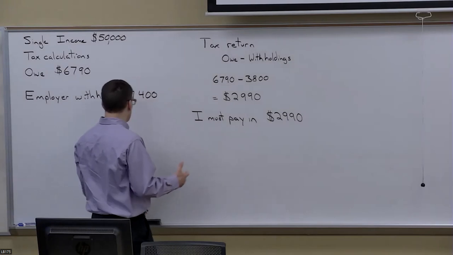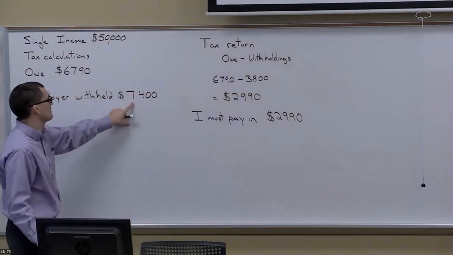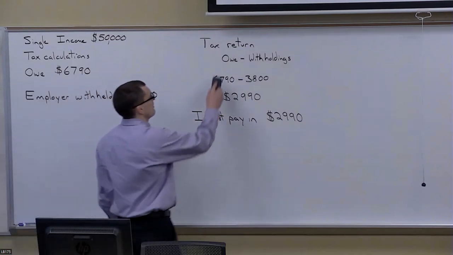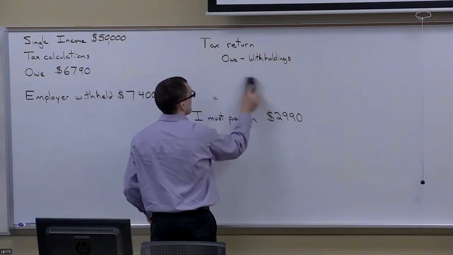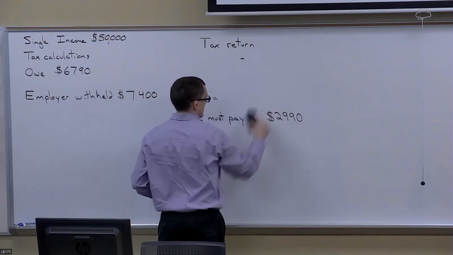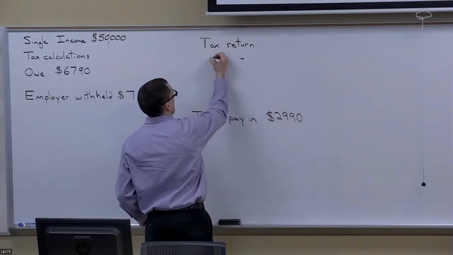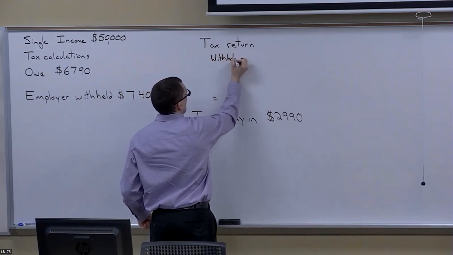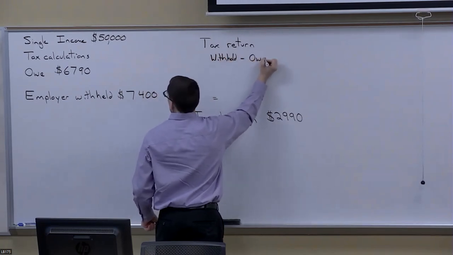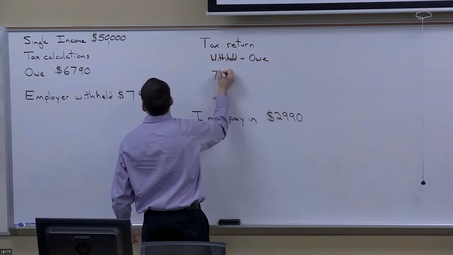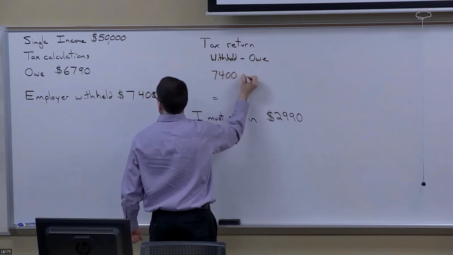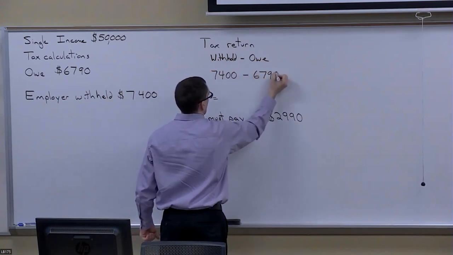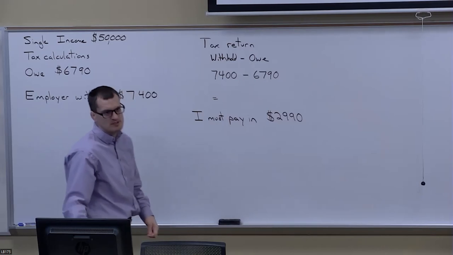Well, if my employer has withheld more than what I owe, then I might just flip this. I might just take my tax return's withholdings minus how much I owe, just because that's the bigger number: 7,400 minus 6,790. Again, that's just something you type in your calculator.